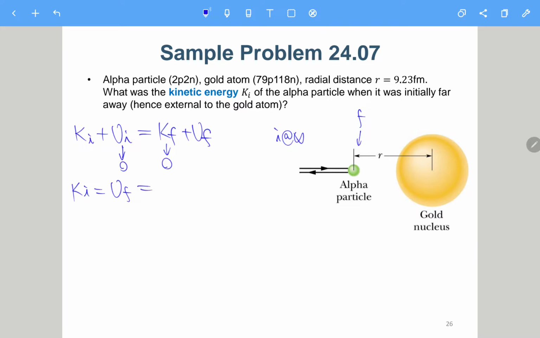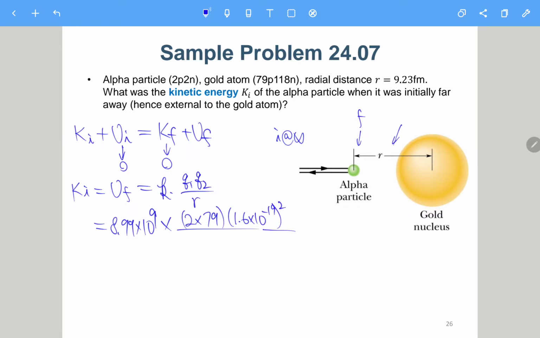So Uf is nothing but K times Q1 Q2 over R. K is 8.99 times 10 to the 9th, Q1 is 2 protons, and Q2 is 79 protons, so it's 2 times 79 times the elementary charge, 1.6 times 10 to the minus 19, quantity squared, over R, which is 9.23 times 10 to the minus 15.